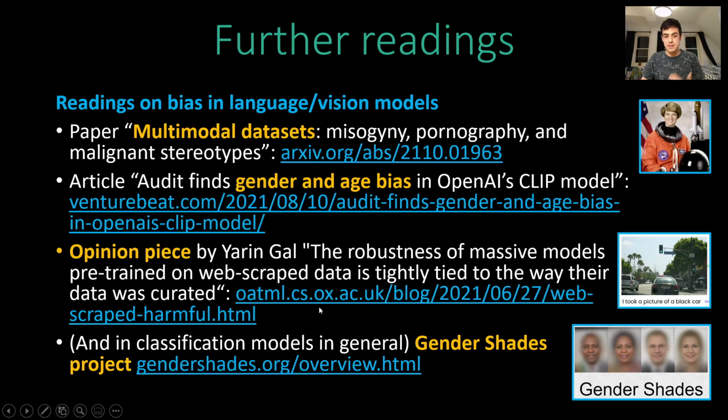It is an opinion piece arguing that a model trained on data which has not been curated would be really harmful to use in real-world cases. So this is one article like that, or just this whole project about bias in classification models in general, the Gender Shades project.